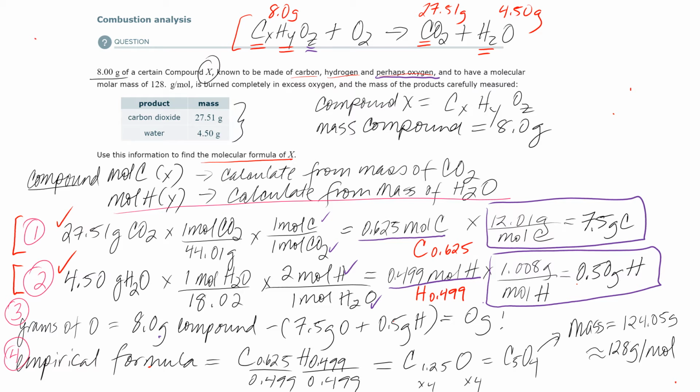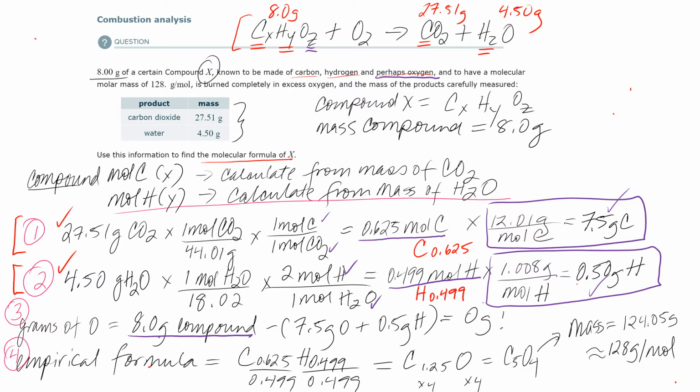Okay, so what do we do? We know how much compound we actually started with, right? We know that we have 8.0 grams of compound. And now we've also figured out that we have 7.5 grams of carbon and 0.5 grams of hydrogen.